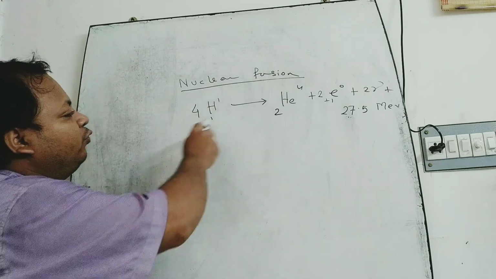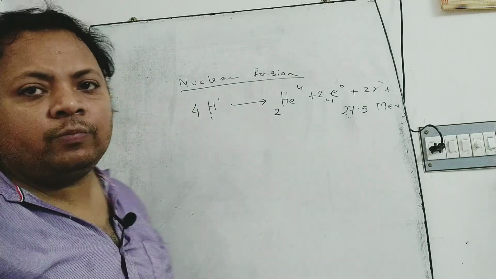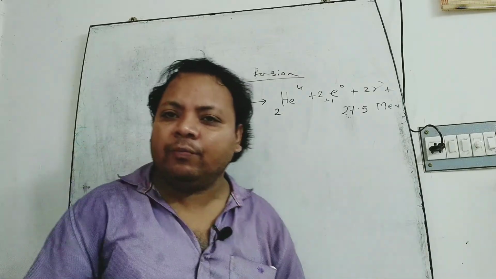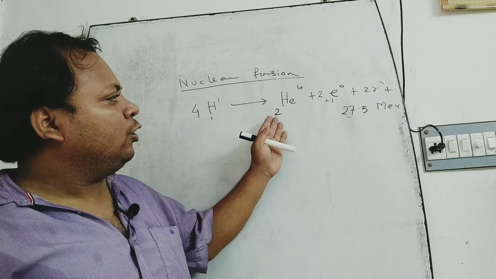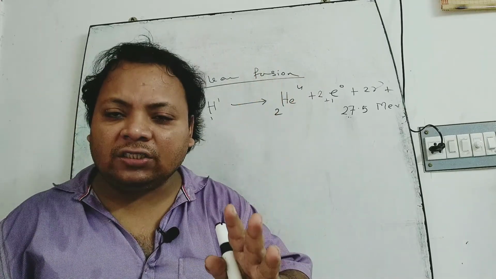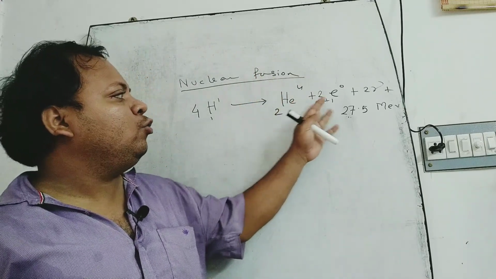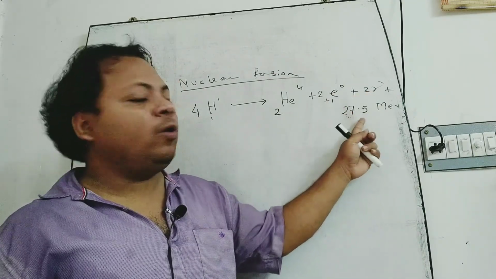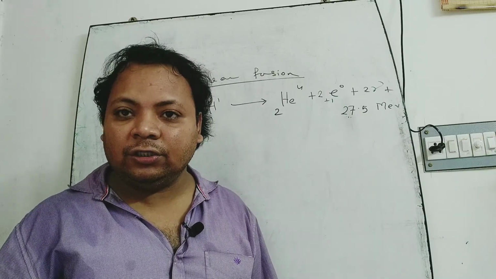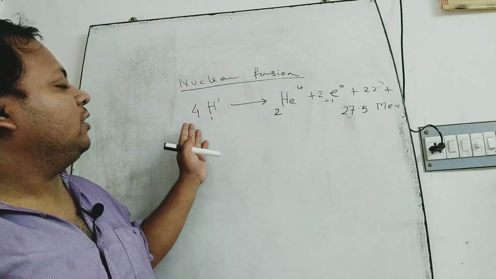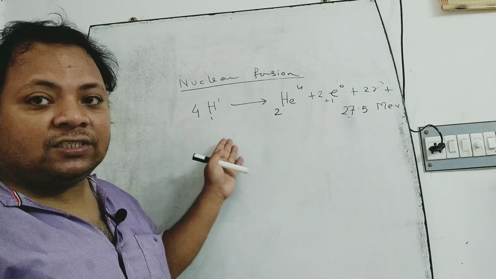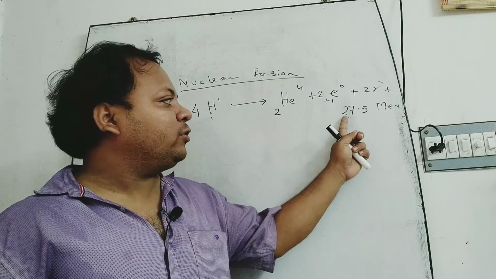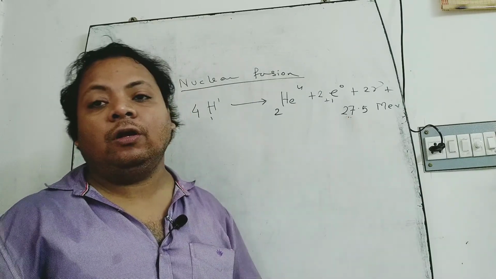Here, 4 protium nuclei move with huge velocity and strike each other and give a helium nucleus, 2 positrons and 2 neutrinos, and 27.5 mega electron volts. In this case, the change of mass produces energy which is approximately equal to 27.5 mega electron volts.